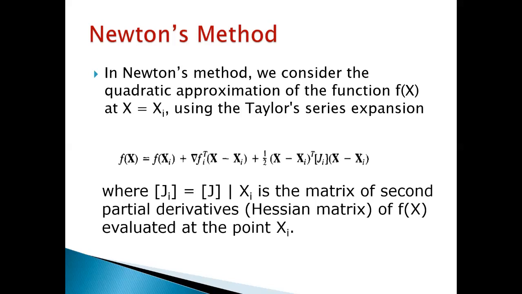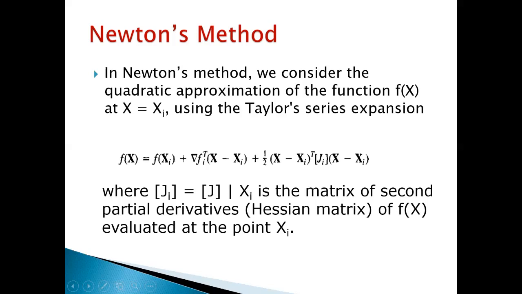Newton method uses Taylor series expansion, and it uses the matrix of second order derivatives of f(x). In steepest descent method, we use the first order derivative. Here we will use the second order derivative of f(x) as the Hessian matrix evaluated at point xi.